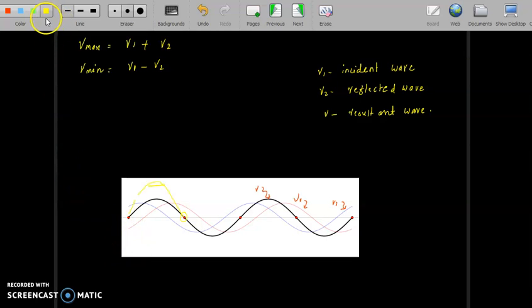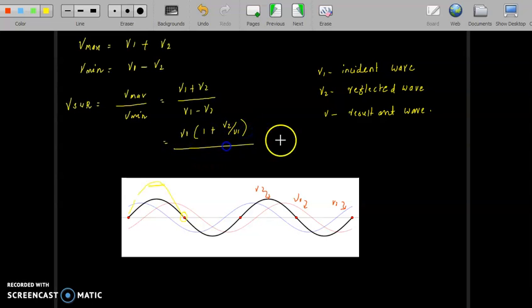And now let us put these values in the formula V max by V minimum. Let us substitute the expression here: V1 plus V2 upon V1 minus V2. Let us take V1 outside. So V1 gets cancelled.